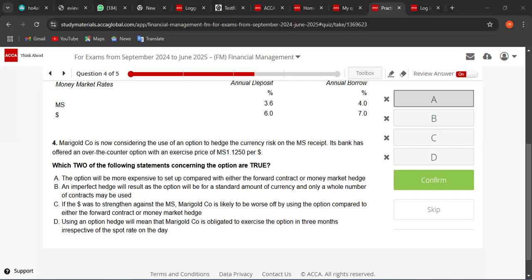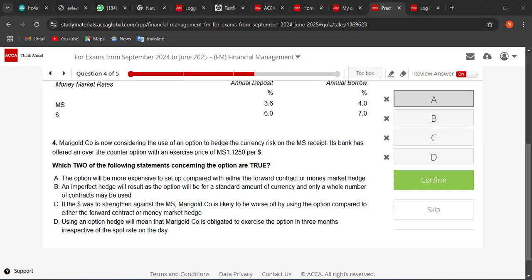Let us say the first rate given was 1.1250 MS per dollar. The examiner was saying if the dollar was to strengthen, the other currency will be depreciating.